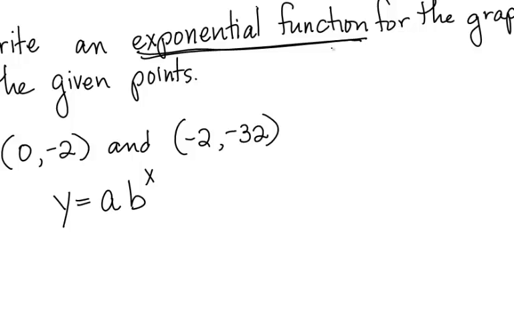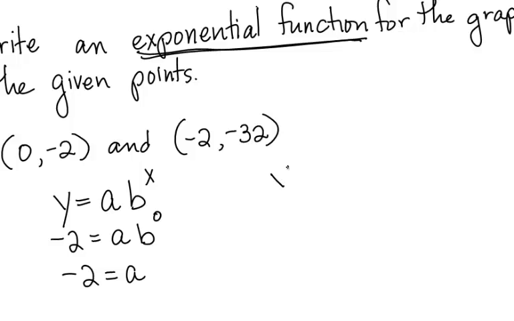They're giving you the x and the y. Start with the first ordered pair. The y is negative 2, the a we don't know, the b we don't know, and the x is 0. What's b to the 0 power? 1. So a is negative 2.